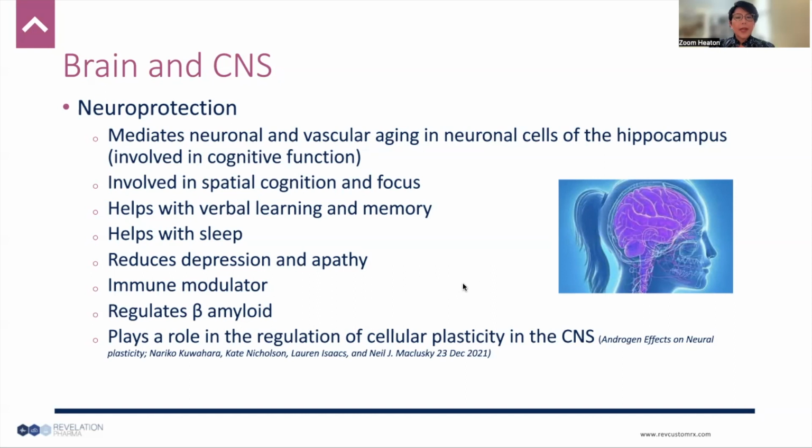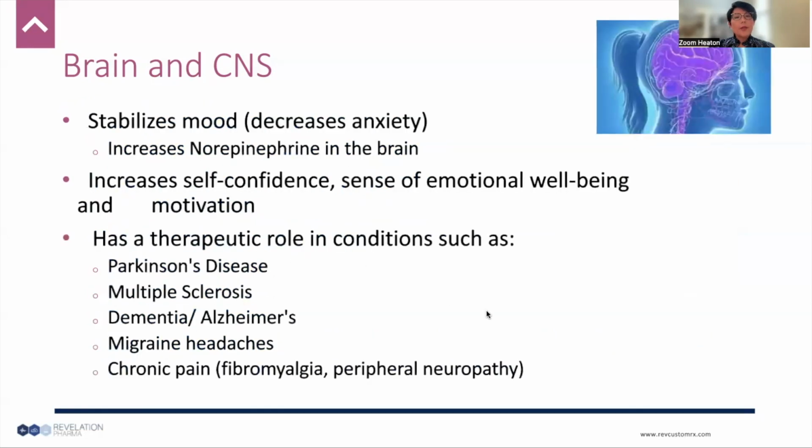It regulates the beta amyloid, and that's the protein that creates plaques in the brain, which is a major risk factor for Alzheimer's. It also plays a role in the regulation of cellular plasticity in the CNS. So it regulates your neurons and how much you can make and maintain them. It also stabilizes mood. So it decreases anxiety. It increases norepinephrine in the brain.